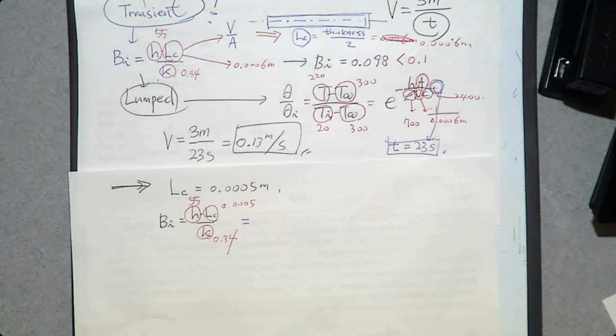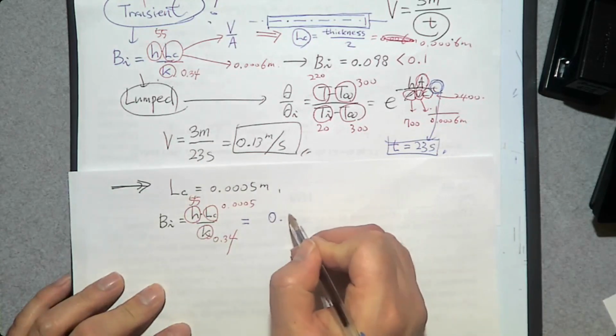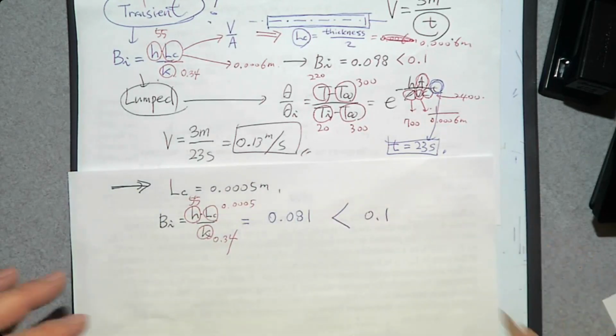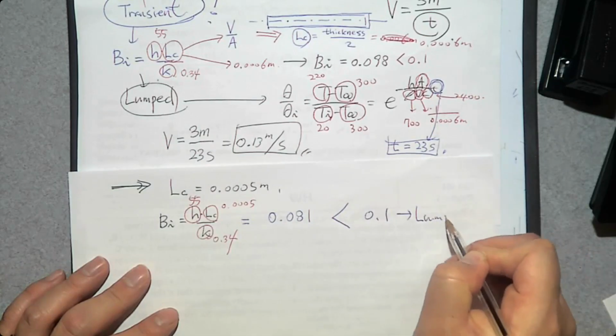So it's 55 times 0.0005 divided by 0.34. Now the Biot number is 0.081. Still less than 0.1. Nice. So we have a lumped system.